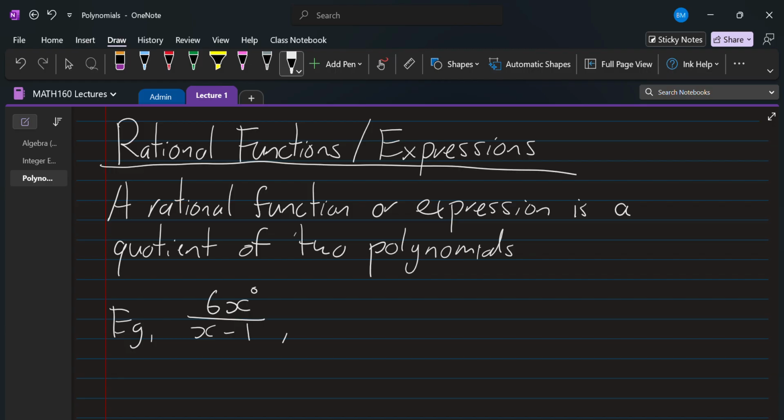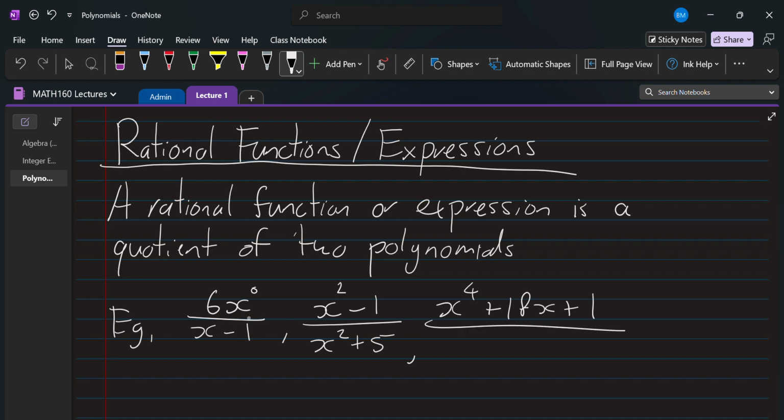Okay, rational functions or expressions, you might see it with those 2 different names, means the same thing. So a rational function or expression is a quotient of 2 polynomials. Okay, we know what polynomials are.